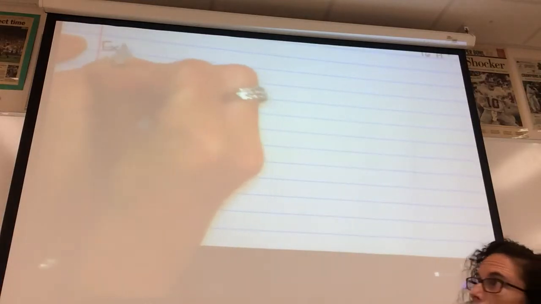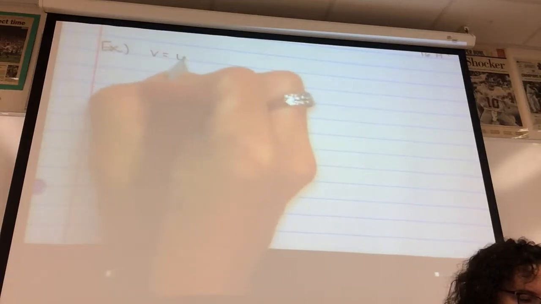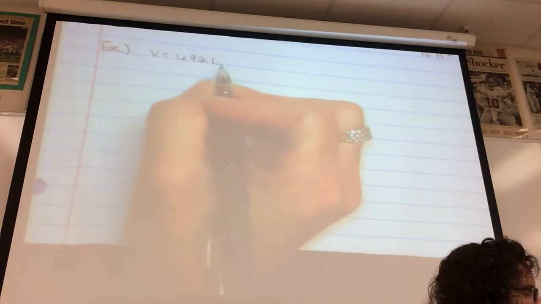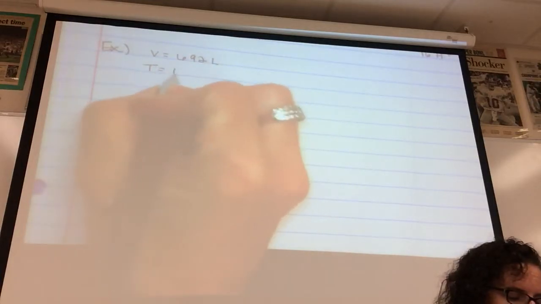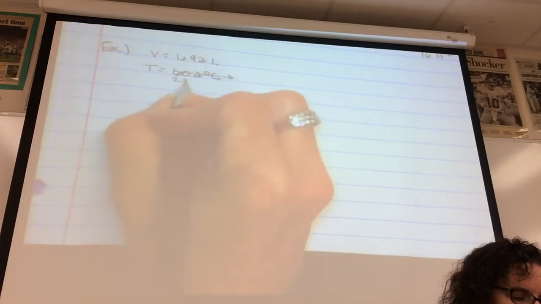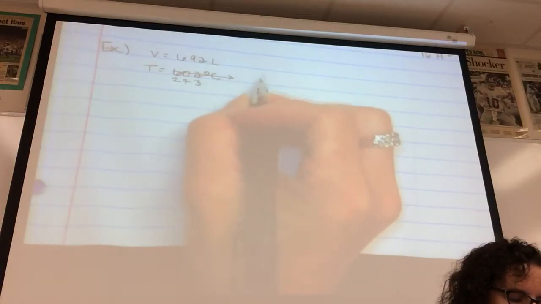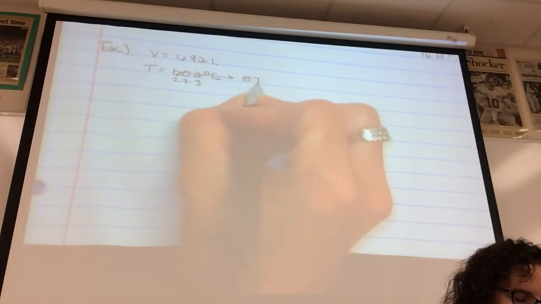So in this example here, we've got a volume of 692 liters. You must have an awful lot of gas. The temperature is 602 degrees Celsius. I'm immediately going to cross that out because we don't play in degrees Celsius with gases. We must use Kelvin.